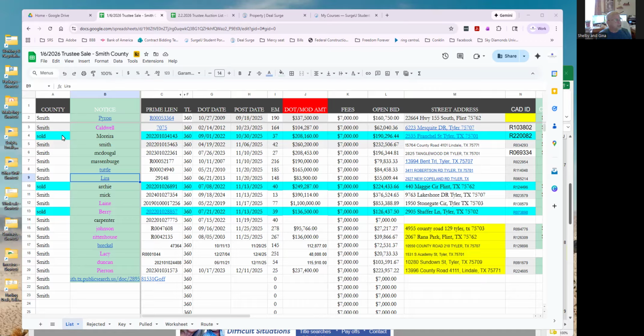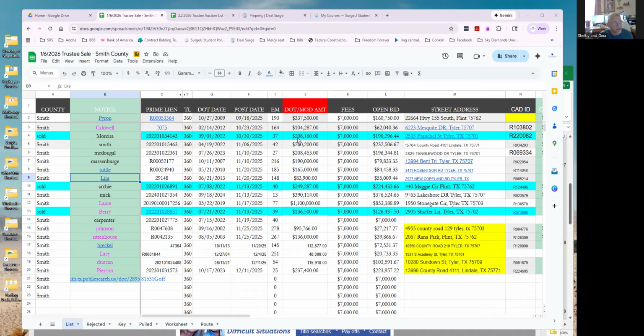So we go to Smith County and we pull up the property. We take the prime lien number, that's the court docket number, and we put it in this fancy little Excel spreadsheet, and then it automatically starts spitting out the other numbers that are appearing here.